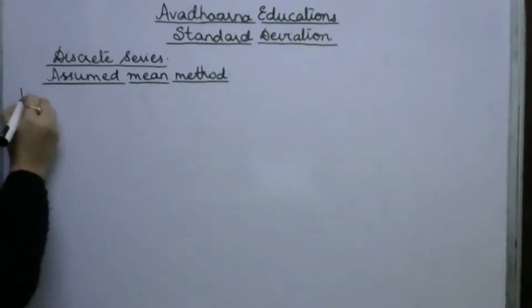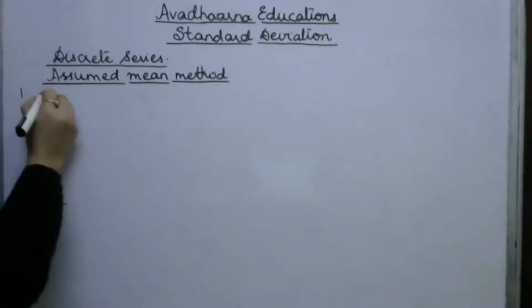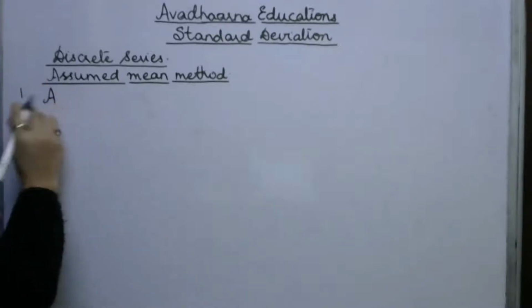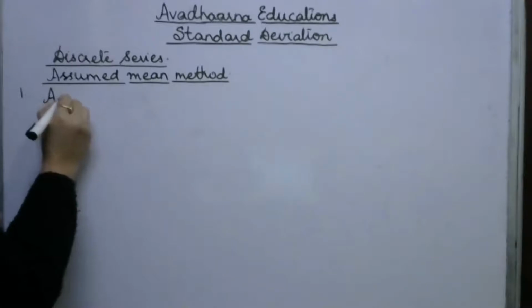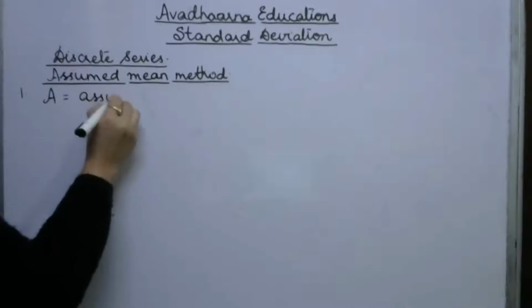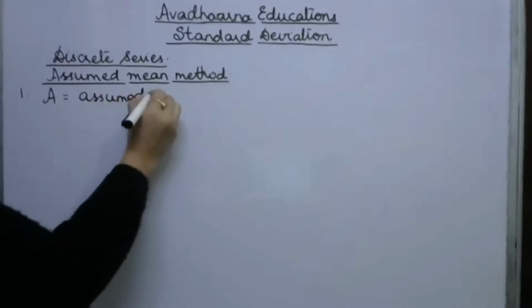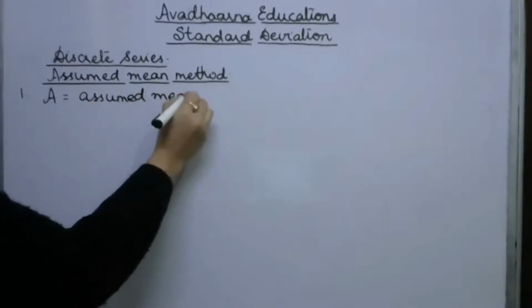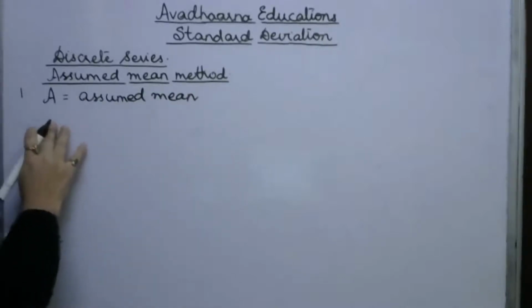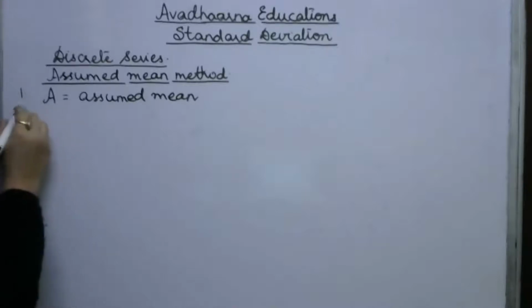First step is that we are going to take any value from the series, x series, and we'll say that that is going to be our assumed mean. So A is going to be the assumed mean from any of the values of the x series.